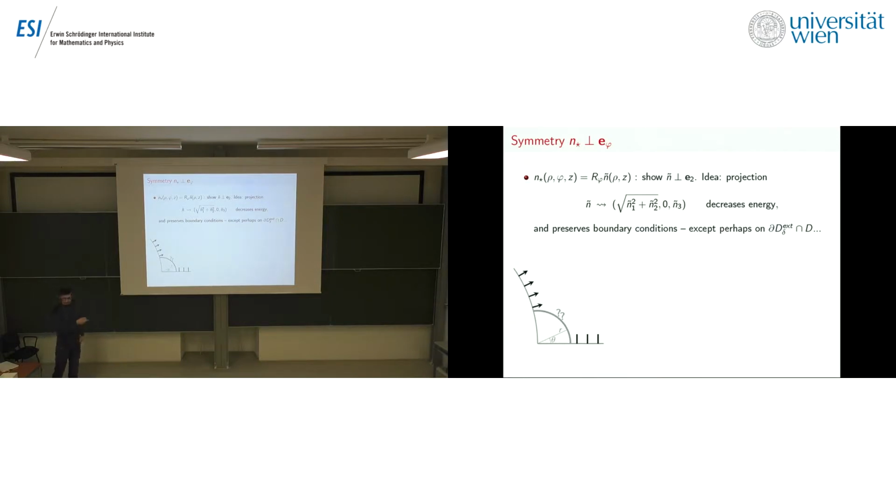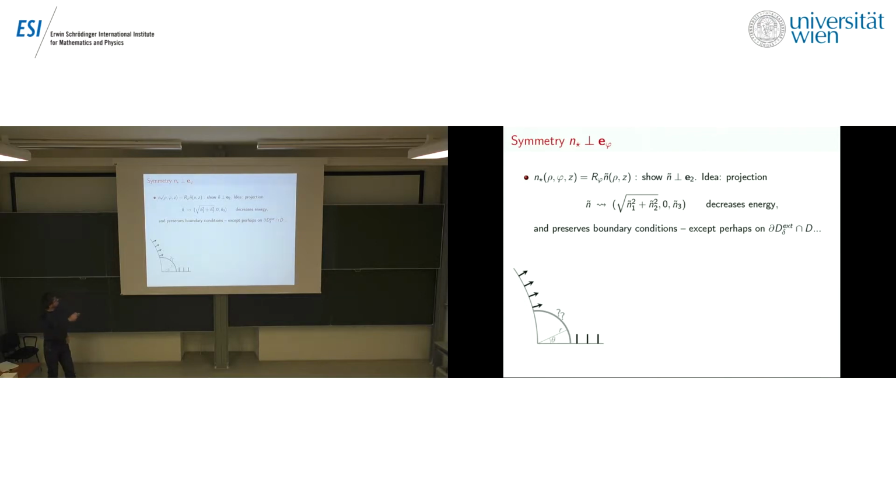So the first idea, let's start with that symmetry property, right? The basic idea is quite simple. Let's write n star of rho, phi and z as just something in the plane, n tilde of rho, z, and then you rotate it by phi, because it has this rotational symmetry.